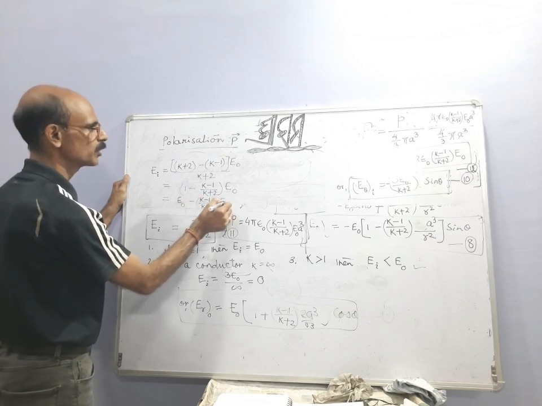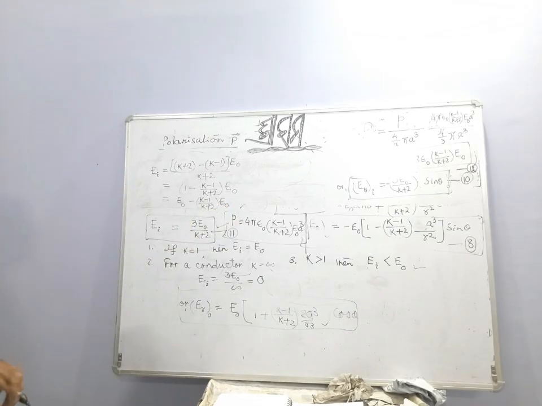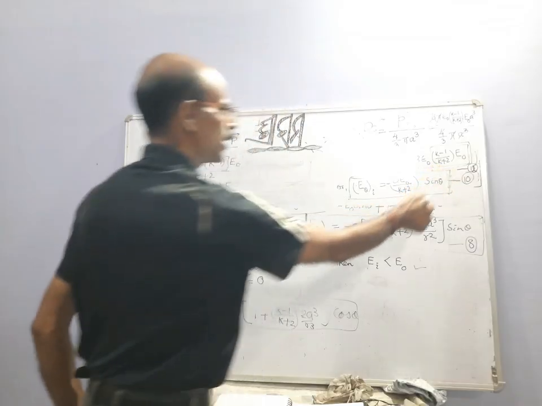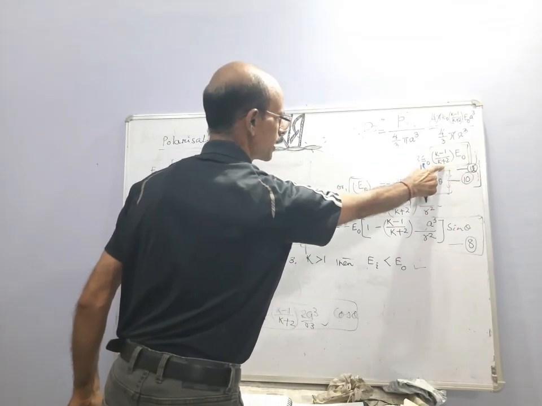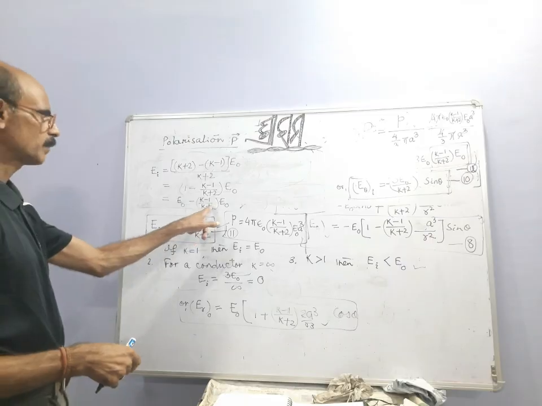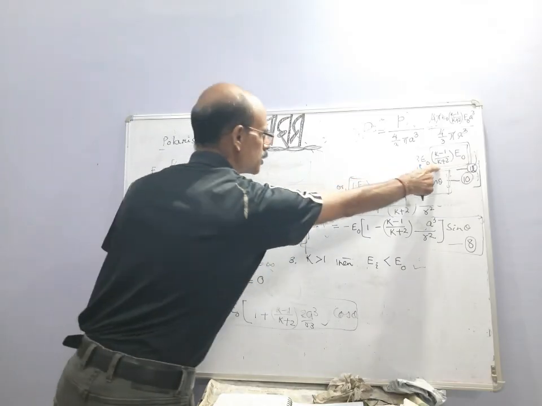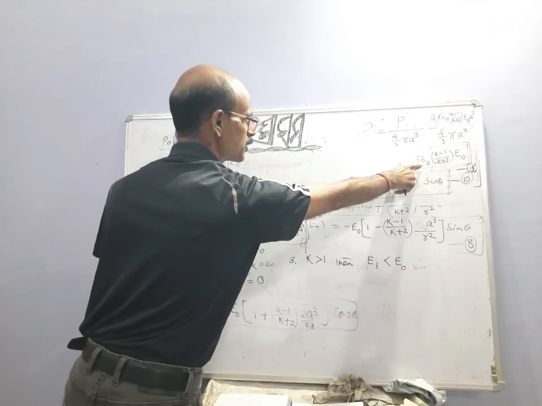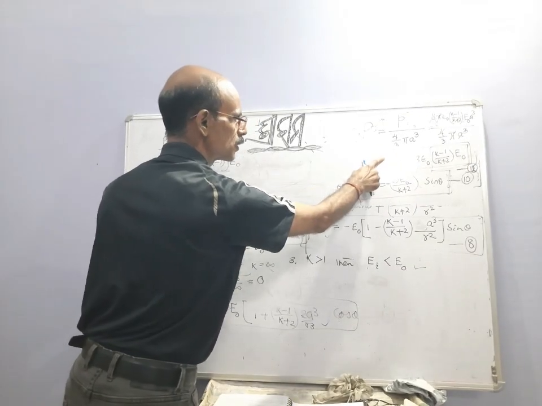Now refer to equation number 12. In equation number 12 you see (k minus 1) by (k plus 2) into E0. Here also (k minus 1) by (k plus 2) E0 is equal to P by 3 epsilon naught, where P is polarization.